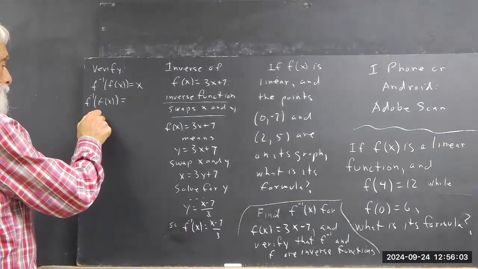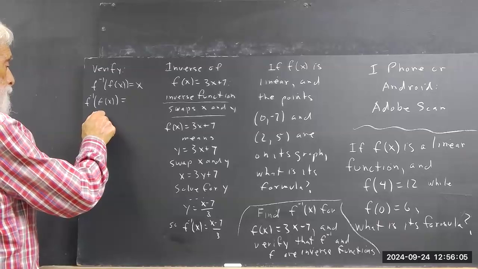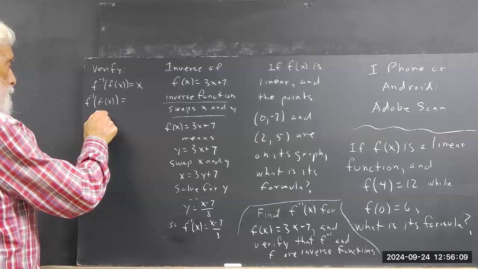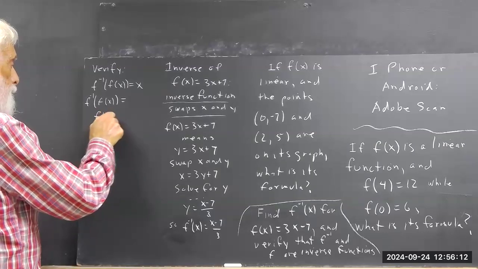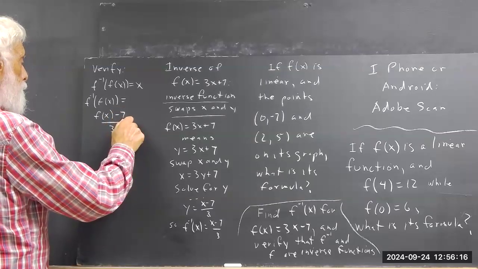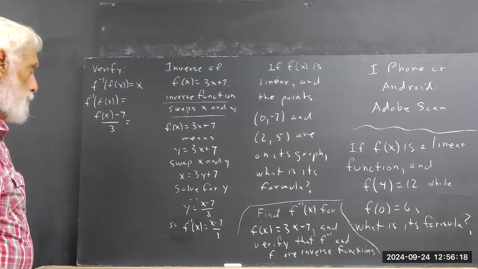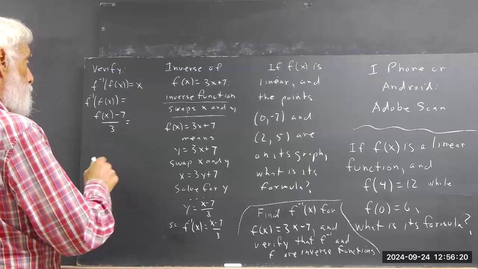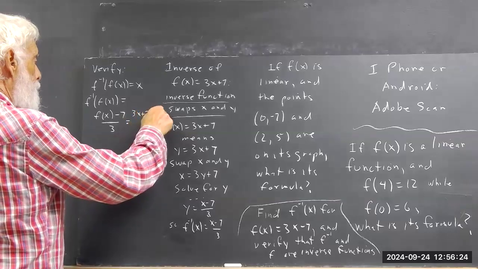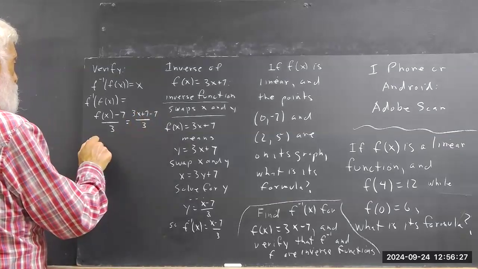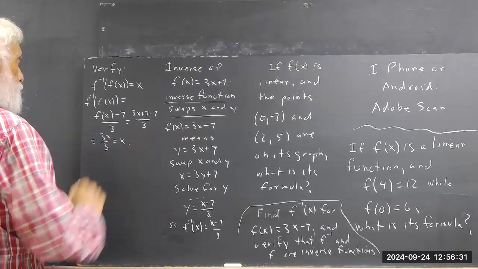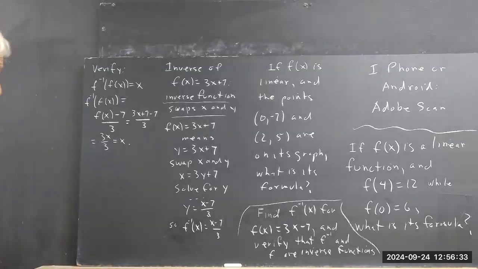It equals f of x minus 7 over 3, which equals, okay.